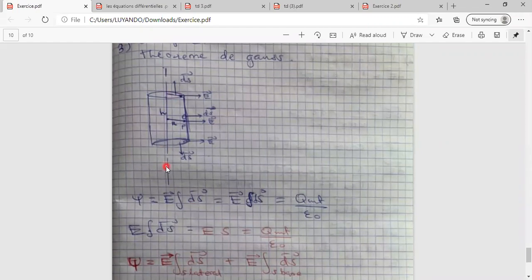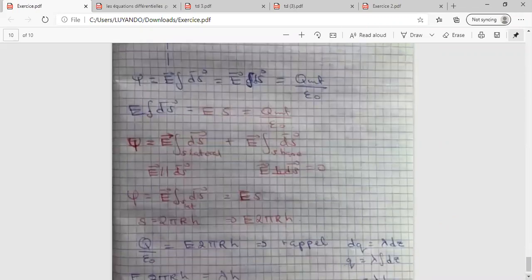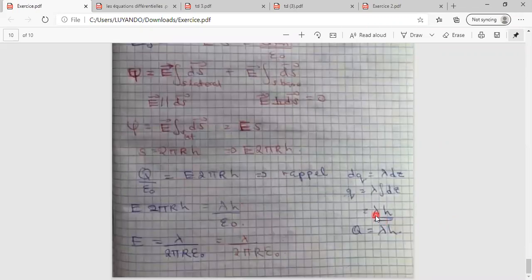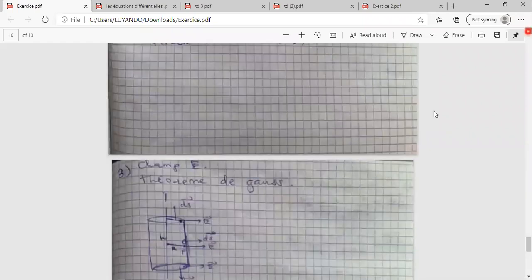So we have H, which is the integral of dz. So our Q is going to be equal to the constant times height. Where there's Q, you replace it with your constant times height, and when you make E the subject of the formula, this is what you're going to have, which is the same answer that we found here.